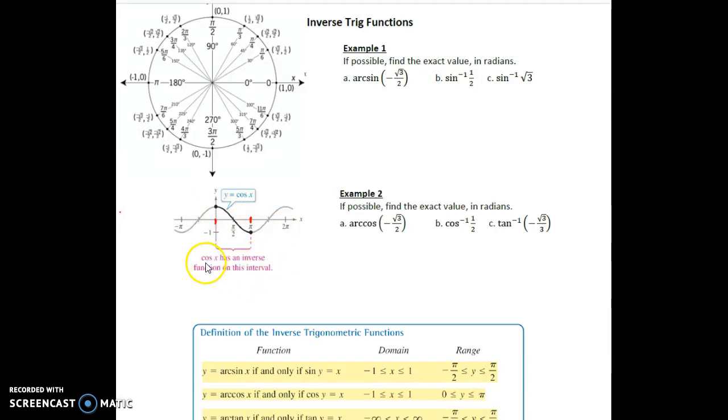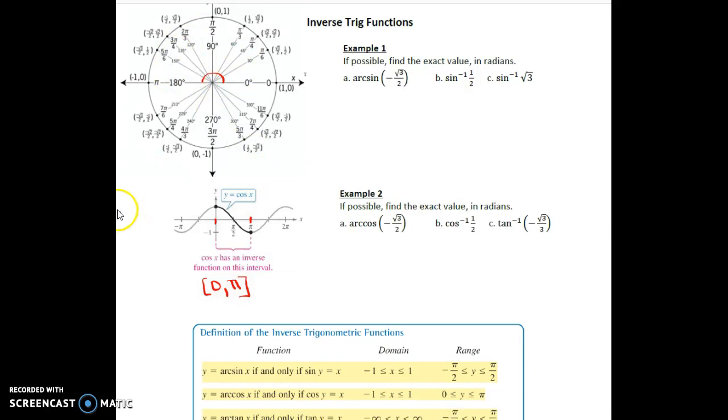So let's go ahead and add that the cosine of x has an inverse function on the interval between 0 and pi. So when we look at cosine, to be able to find the inverse function, we are only going to look at the top part of our unit circle.